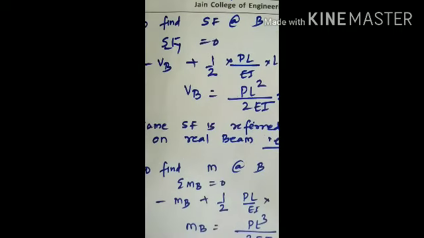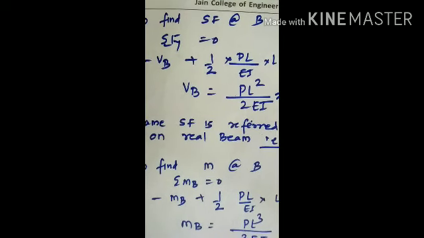Same way, there are three equations of equilibrium. One has already been used, that is summation Fy. Now we are going to make use of summation of moment is equal to 0. Now in this particular diagram, A doesn't have a support, B has a support. So we shall consider moment with respect to B is equal to 0.